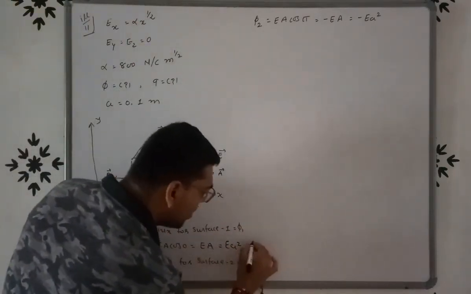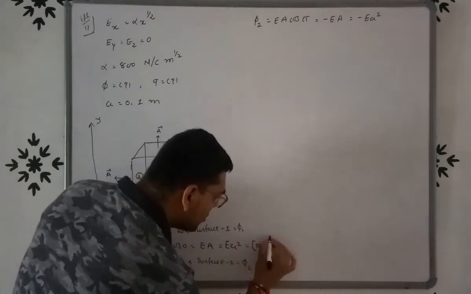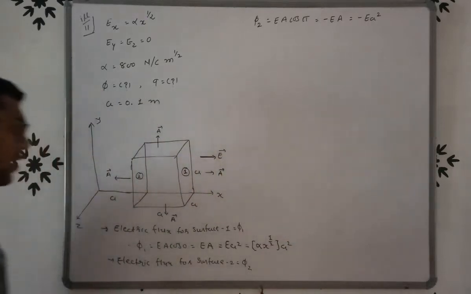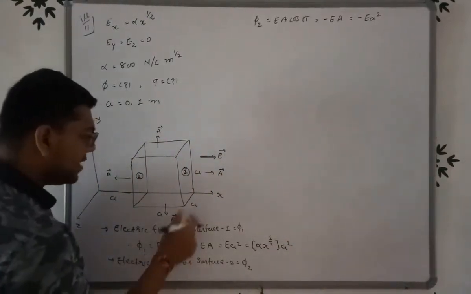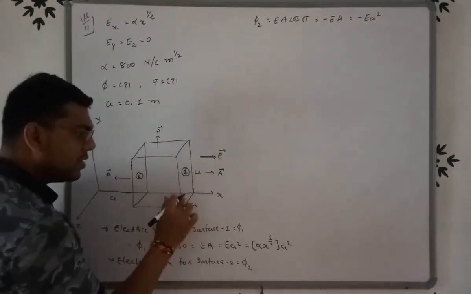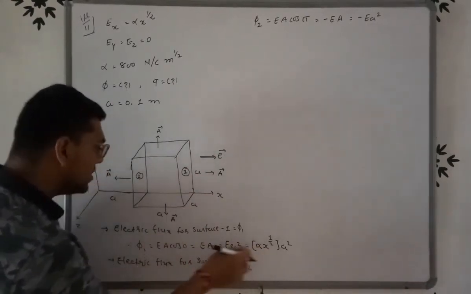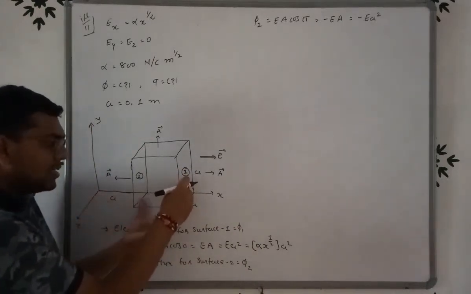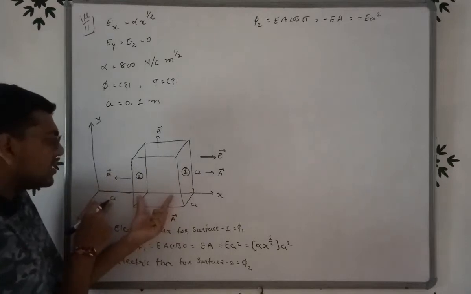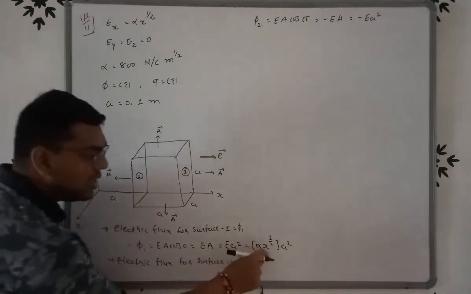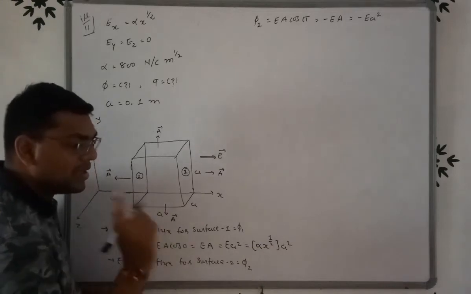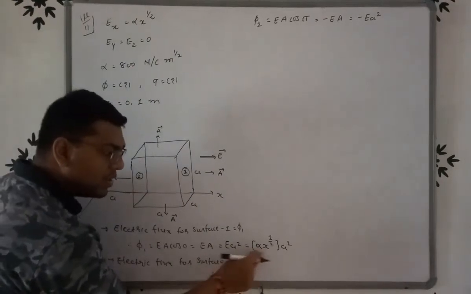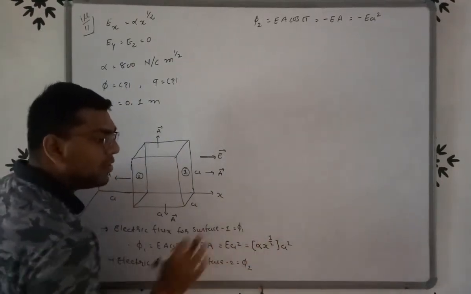So the value of E, alpha x raised to 1 by 2, into A square, right? Now for this surface 1, the distance from the origin is A plus this distance A. So the total distance is A plus A, 2A. So here the value of x is 2A.